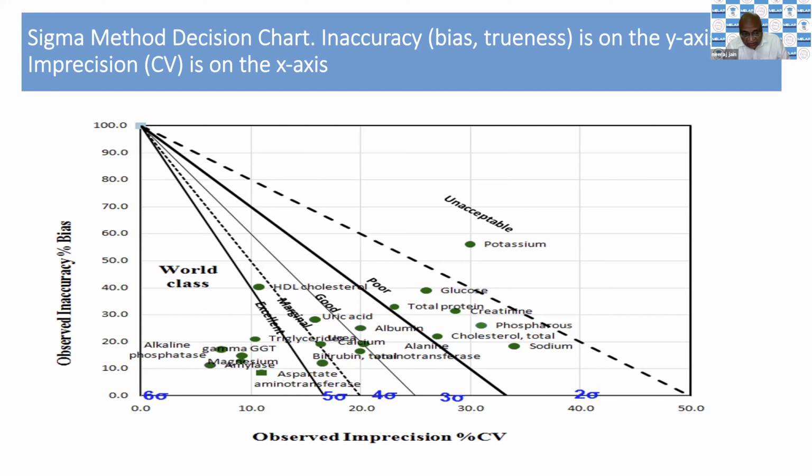That means should be as close to 0 as possible. That means we are working at the 6 sigma level for those analytes. But if it is beyond that dotted line, that means our quality is bad, and we have to think seriously what is required in our laboratory, why we are getting so much inaccuracy and imprecision.